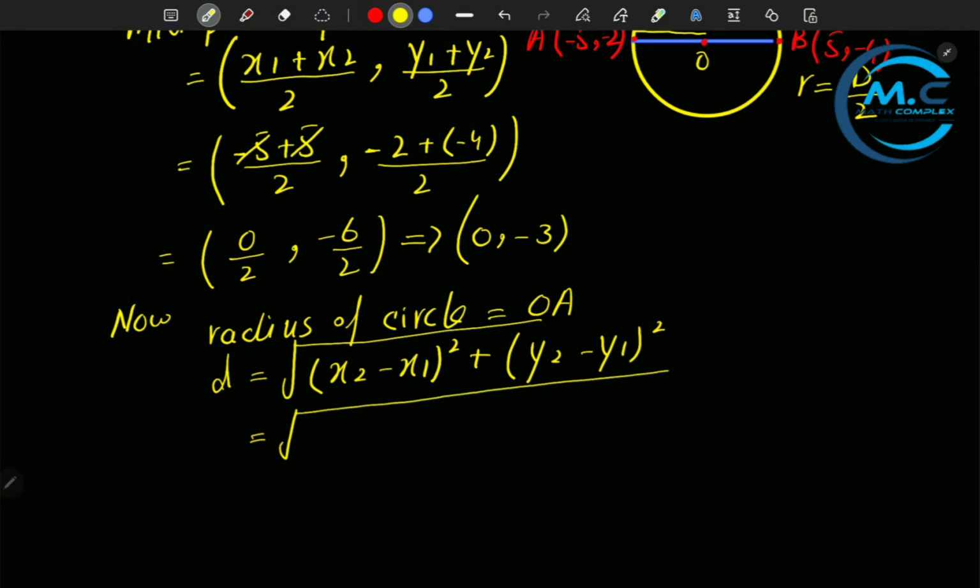The value of x2 will be equal to 0 and the value of x1 will be equal to -5, whole square, plus the value of y2 is -3 and the value of y1 is -2, whole square.